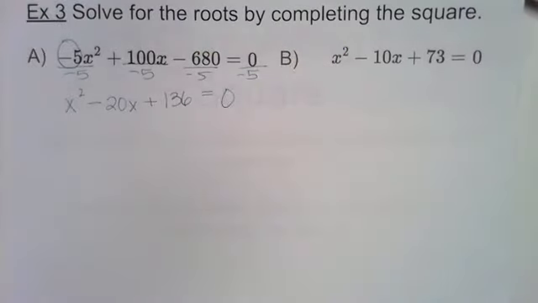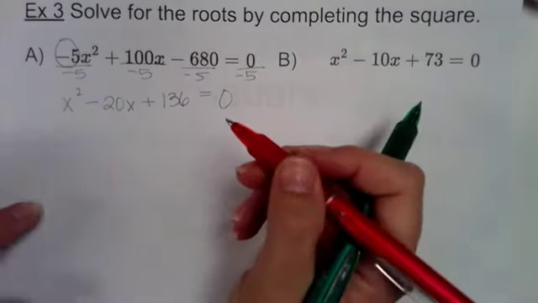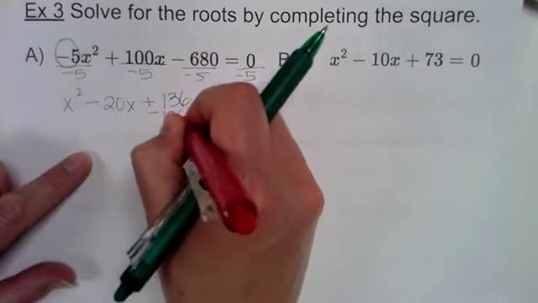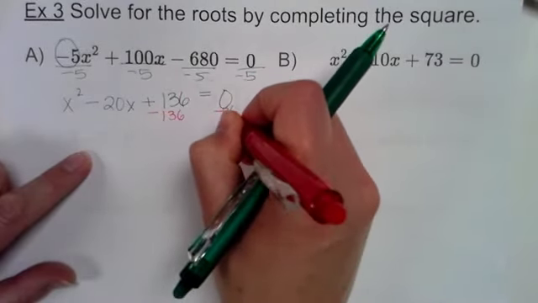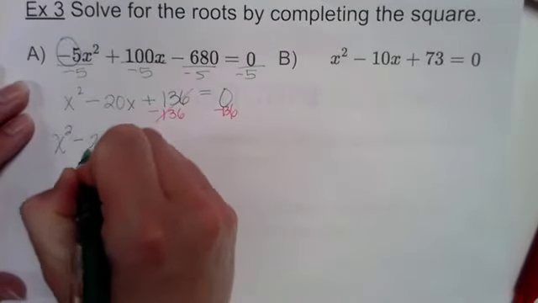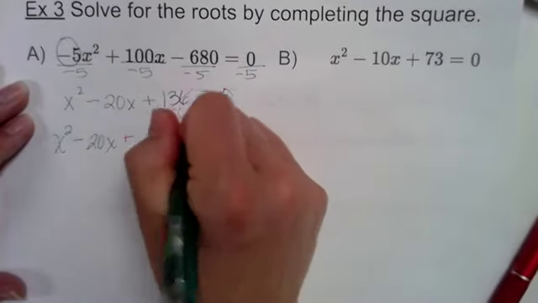All right, then what should we do? Subtract 136 and leave that little space. We want to give ourselves some space to complete the square.